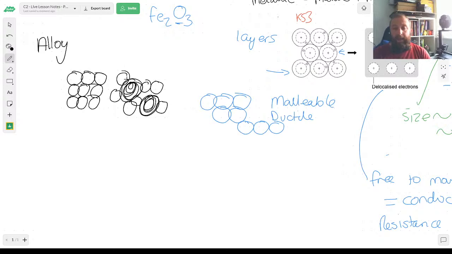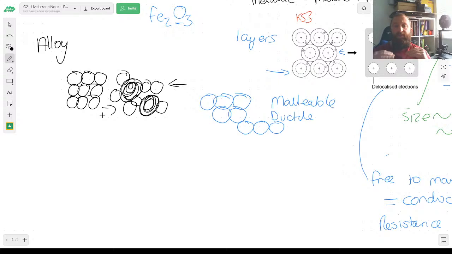Straight away, these layers are no longer nice and neat, which means if I try and apply a force to it now, the atoms are going to jam up and the layers are not going to be able to slide over each other as easily. The electrons are still delocalized, so it still conducts electricity, but now we actually have something that is much harder.